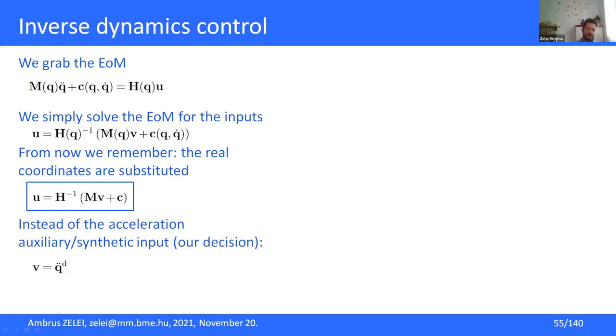Modeling errors means that in reality, I'm not able to measure the mass of the robot exactly. So there will always be some error in the mass matrix. I'm not able to determine the behavior of my actuator, so H will not be the real one. And actually there are always measurement errors of the real coordinates. So there are always errors.